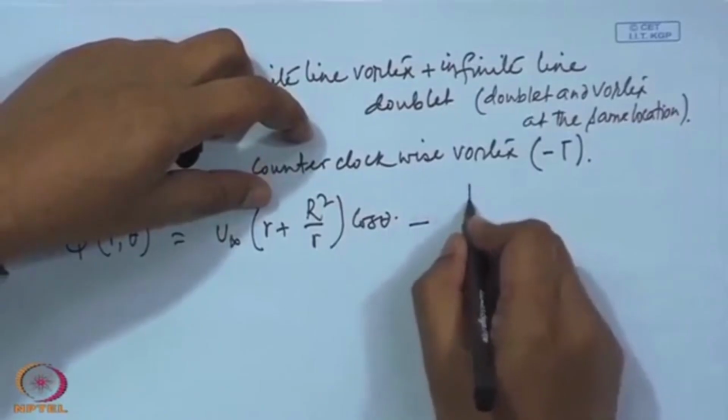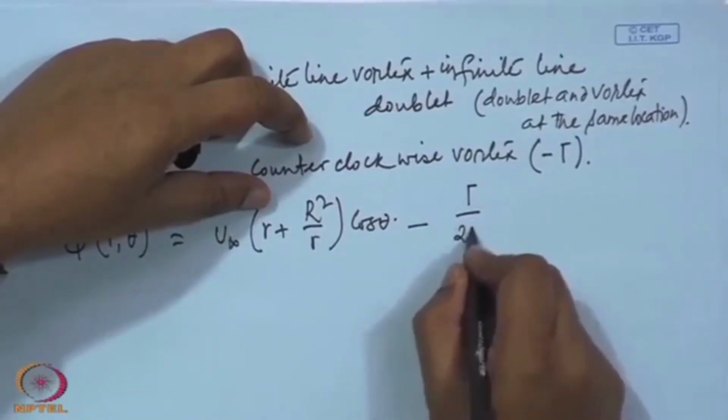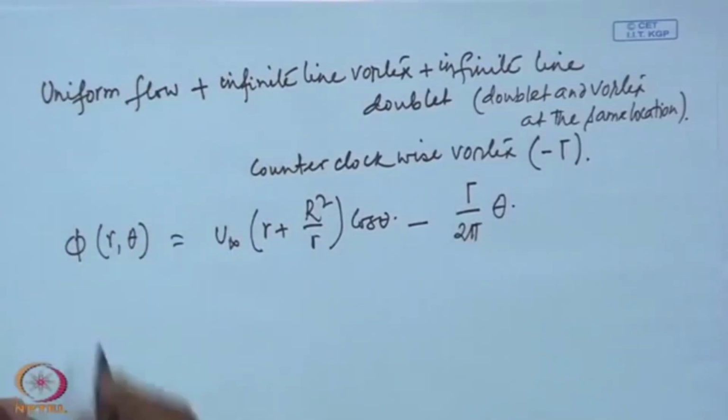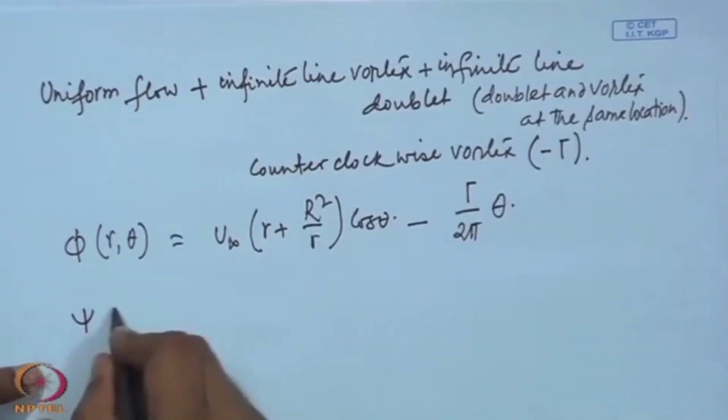This we did earlier. The stream function is gamma by 2 pi r, and the vortex potential function is gamma by 2 pi theta, where gamma is the strength. Since we have taken a counterclockwise vortex, it is minus gamma by 2 pi theta. Similarly, psi we can write.